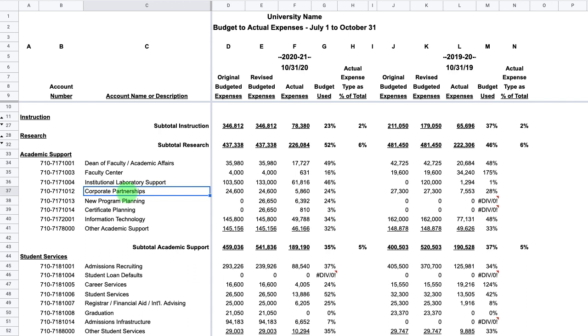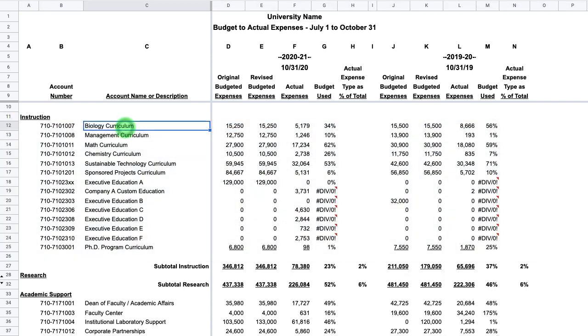The people in corporate partnerships are considered, or can be considered, fundraisers, because they actually bring in partnership opportunities that generate revenue for the organization. Certificate planning, new program planning, IT support. Notice that information technology is the biggest one in this area by itself. And then other academic support. This is a mixture of things.